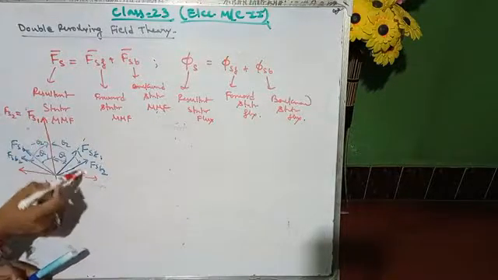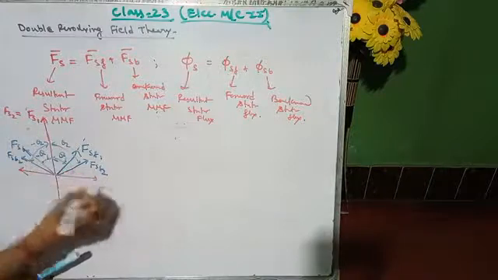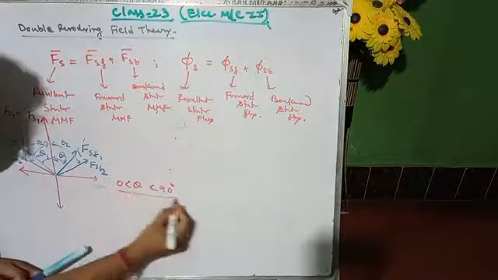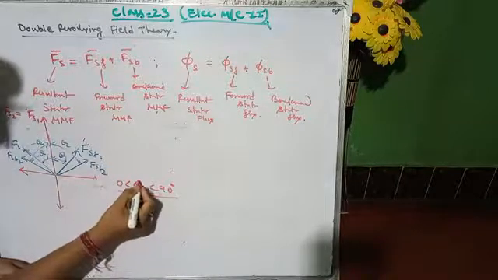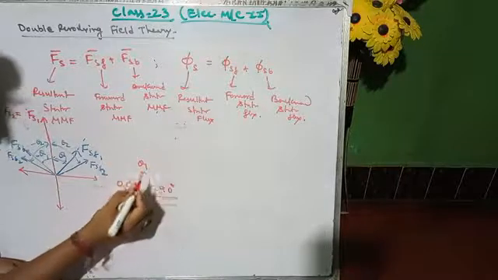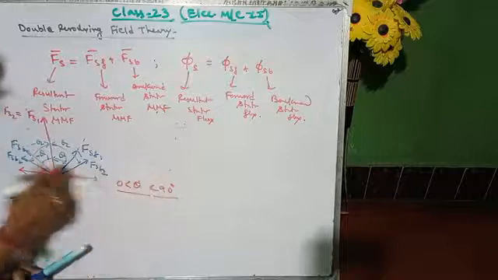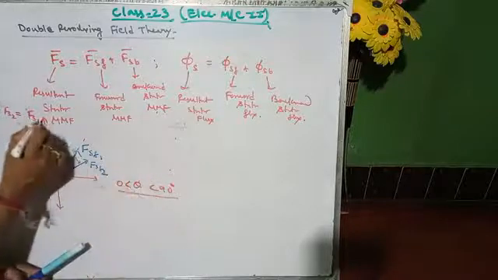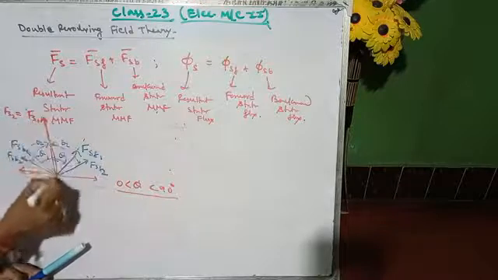At any angle between 0 to 90 degrees, whatever theta may be, theta 1 or theta 2, the resultant will follow this line.